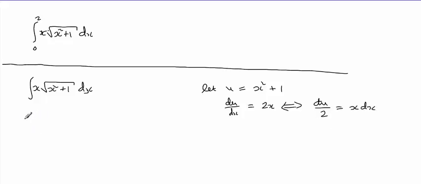Then coming this side, I would substitute accordingly. Then we've got u to the power half, du over 2. Then filtering out half, I would write here the integral of u to the power half du.